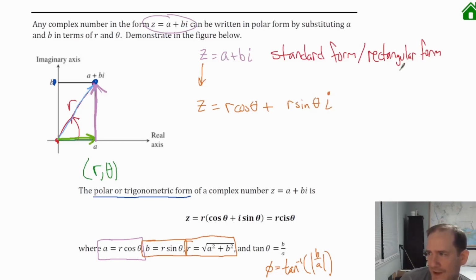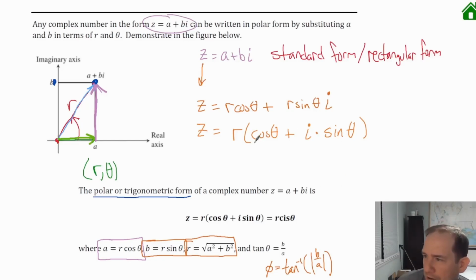That's technically in polar form now, but we don't like the way that looks because both terms have r. So how about you factor out the r? And you get r cosine theta plus, and we move the i to the front as well, i times sine theta. And then that's a little long.